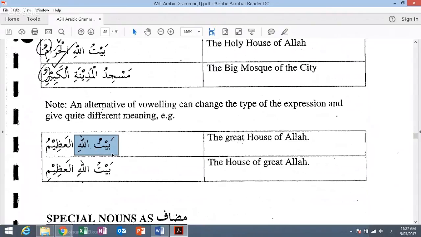So it's the same thing, but I'm telling you, if I take this alif lam off and make al-azimu nakira, yani azimun, so Baitullahi, mudaf ilayh, becomes mubtada, azimun khabar. The meaning will be the house of Allah is great.